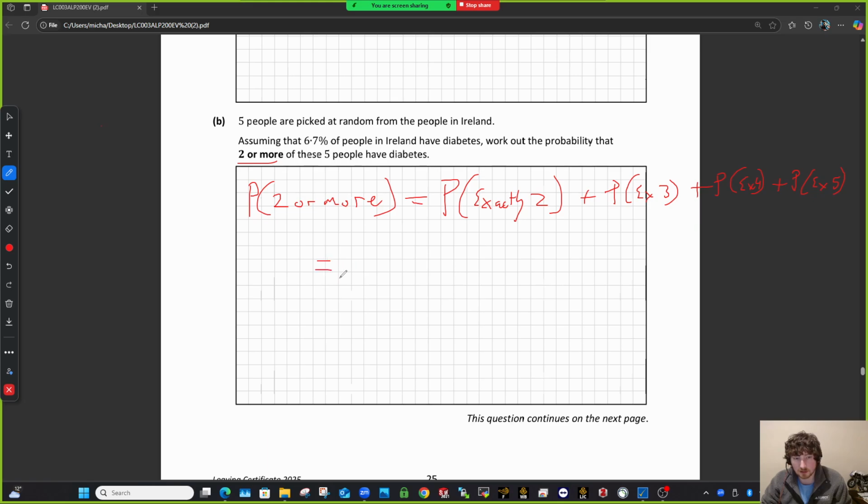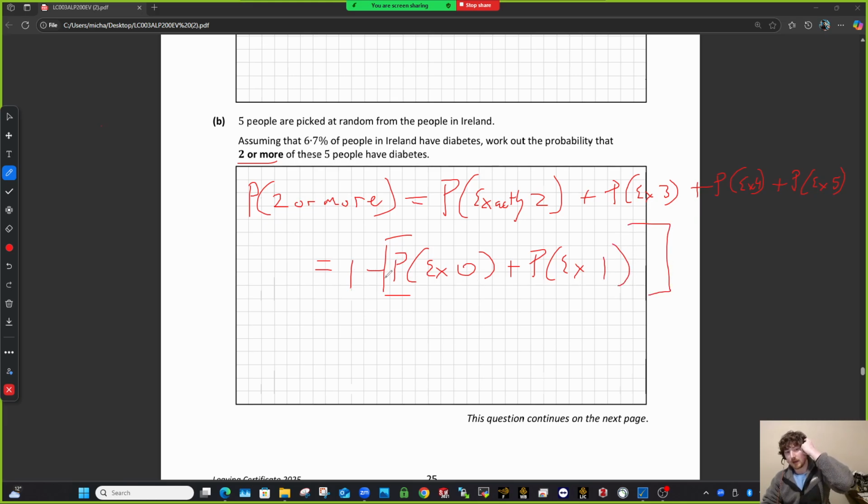This is also equal to 1 minus the probability of exactly 0 plus the probability of exactly 1. So you can get all those scenarios there by taking away from 1 the 2 scenarios that are not included. So that's the quicker way to do this. So we go 1 minus 0 successes here. So that will be like 5 choose 0.